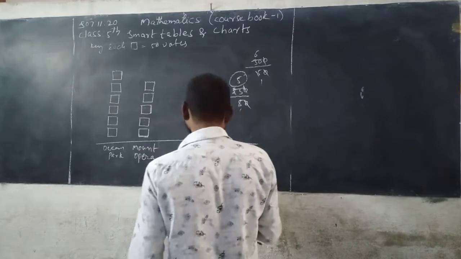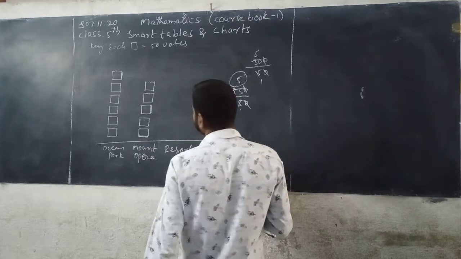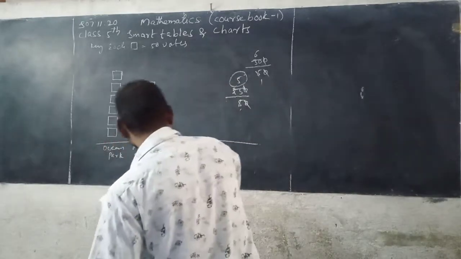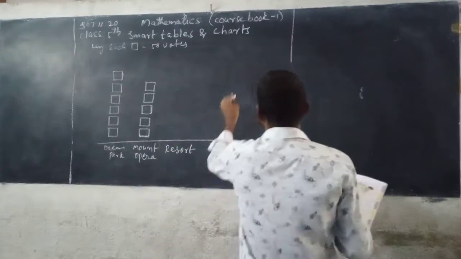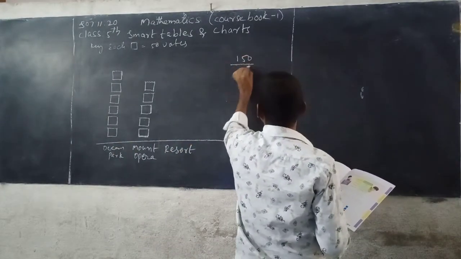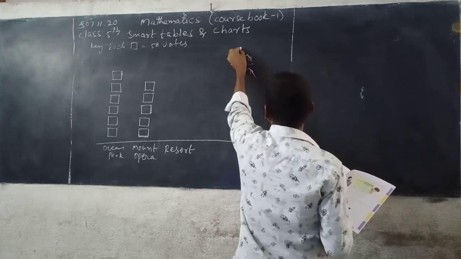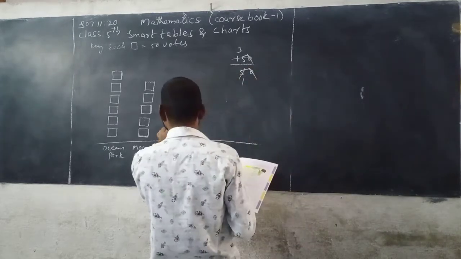Now next one, Resort. Resort here, 150 divided by 50. 0, 0 get cancelled. 5 1s are 5, 5 3s are 15, so you get 3. So you can draw 3 square boxes.